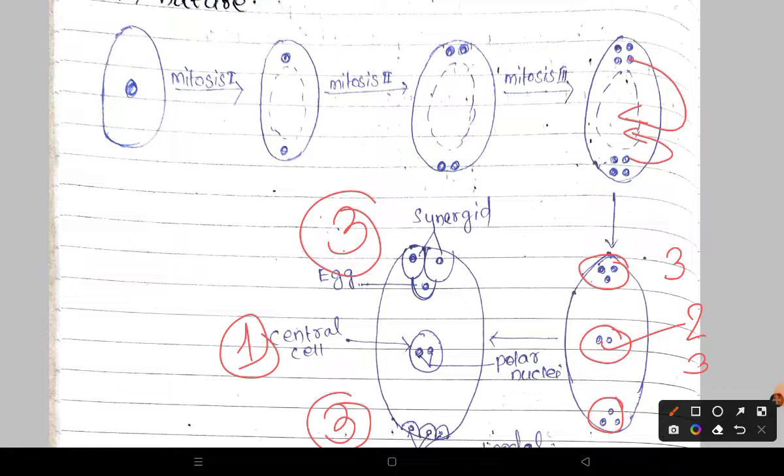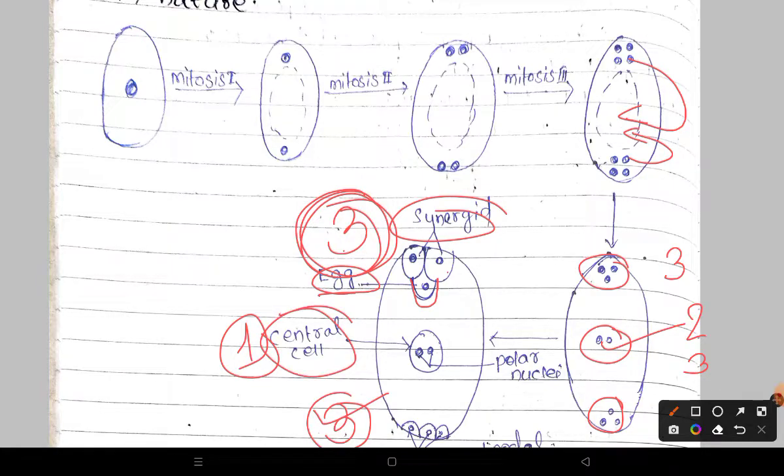Next, the 3 micropylar cells are known as the egg apparatus, of which the central large one is called the egg and the 2 lateral ones are called synergids. The chalazal 3 are known as antipodals, and the central 2 polar nuclei are surrounded by a single cell known as the central cell.